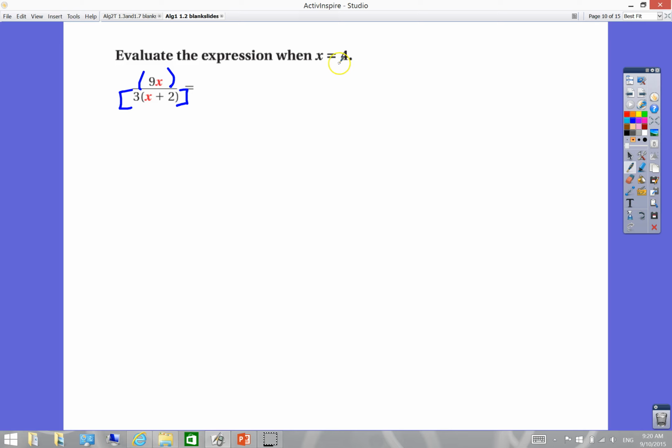First, we're going to plug in a 4 in the place of x. Now I'm going to keep the parentheses there, but you don't have to. But you've got to remember not to do any kind of simplifying between numerator and denominator until you've completely simplified both. So let's say parentheses 9 times 4, and then square bracket 3 times 4 plus 2.